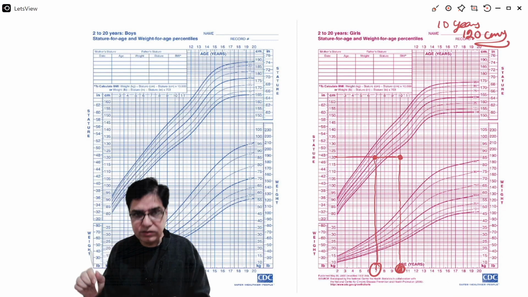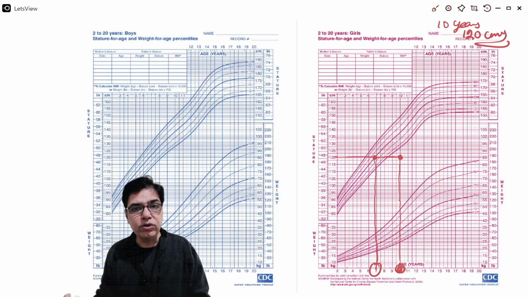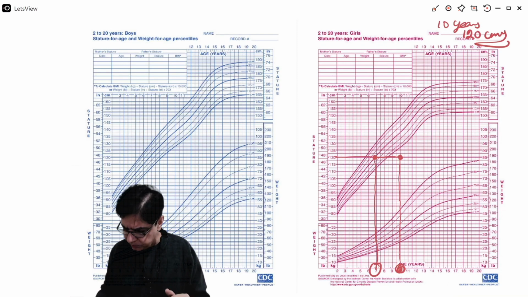For example, in this girl who was 10 years old and had a height of 120 centimeters, the height age is 7 years. So that is how we calculate the height age.